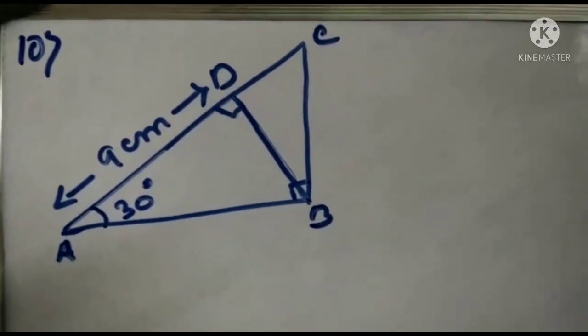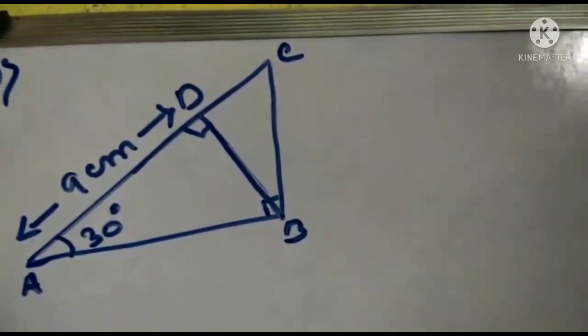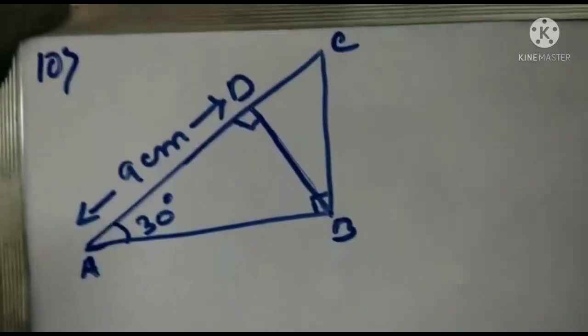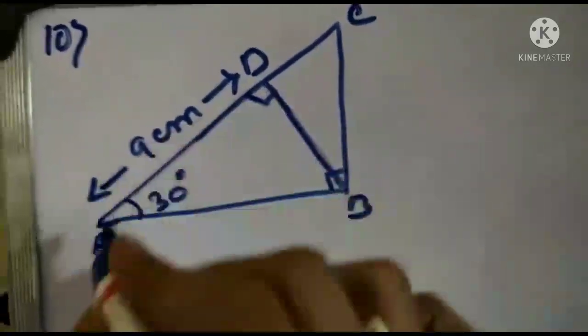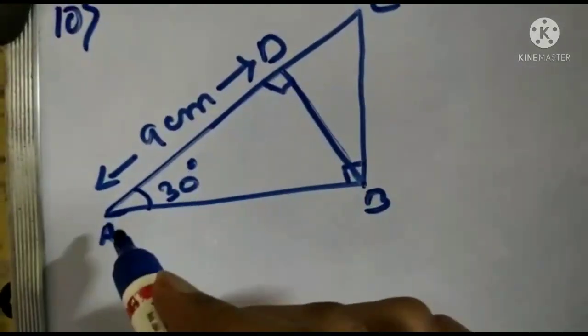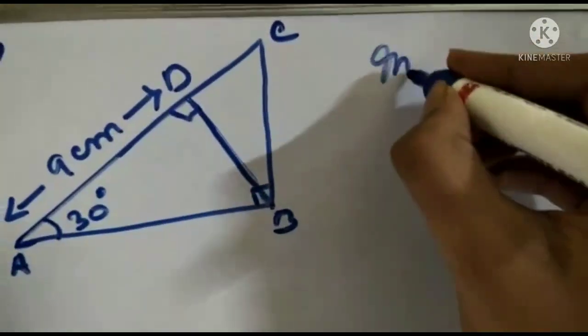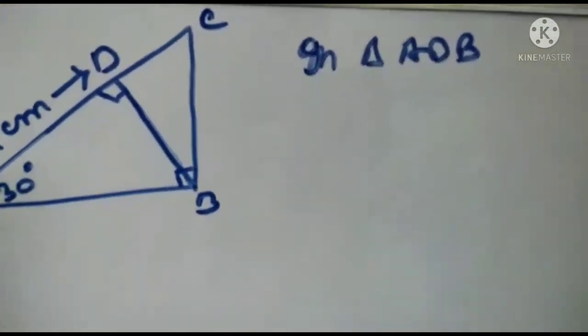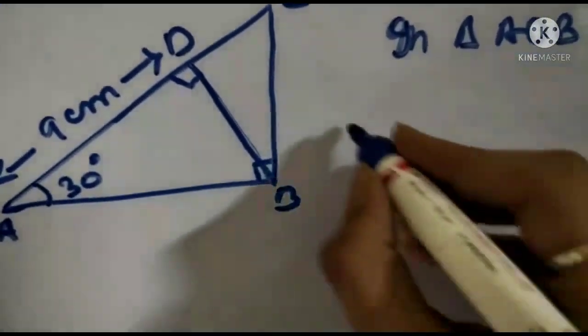I have drawn the figure on the board. Now see, it is told to find AB, BC and DC, these three lines. Now how to find? See, AB in this small triangle, triangle ADB. In triangle ADB, we can write AB by AD.